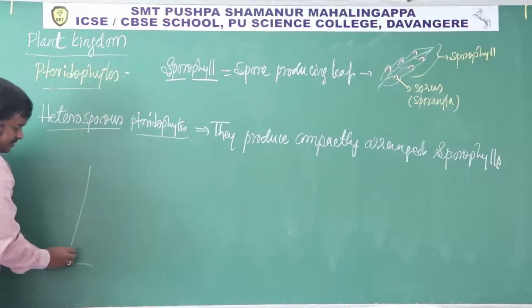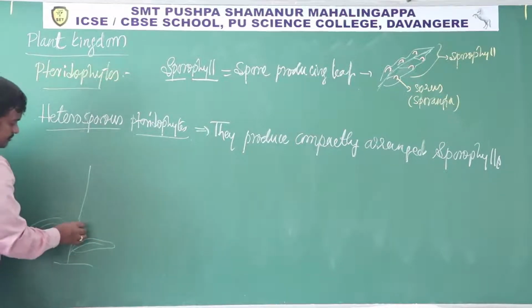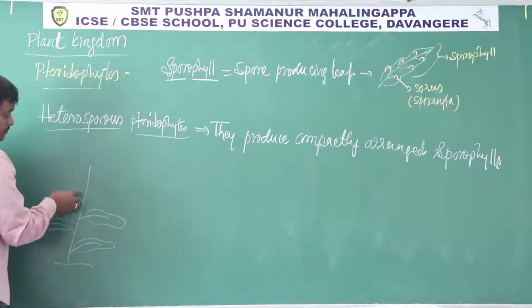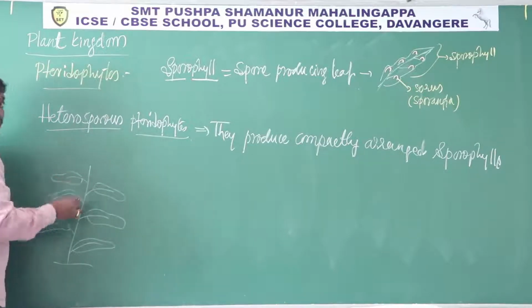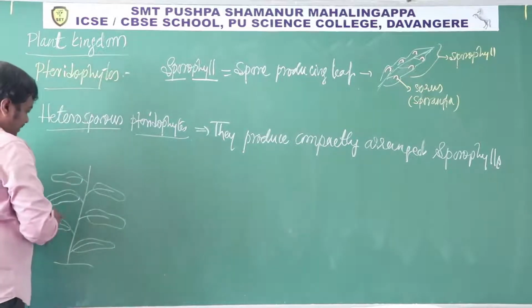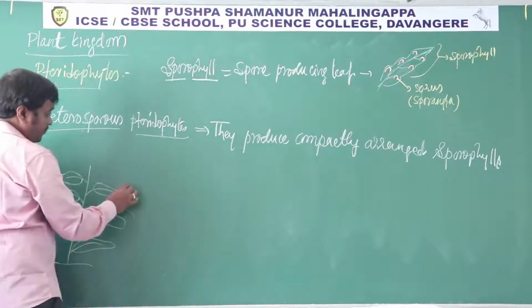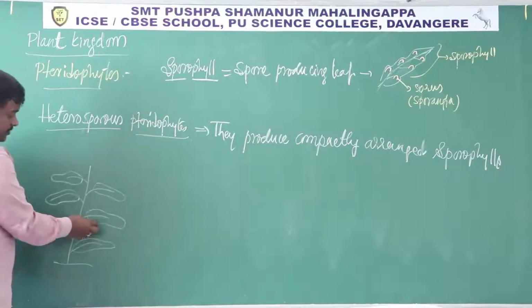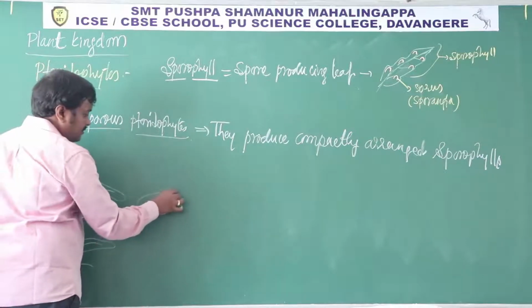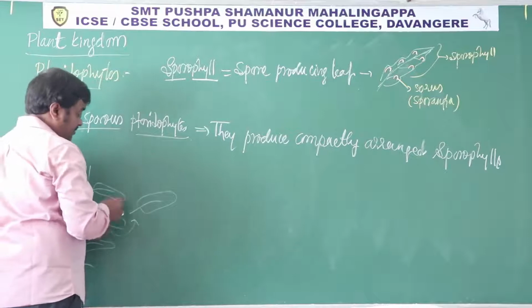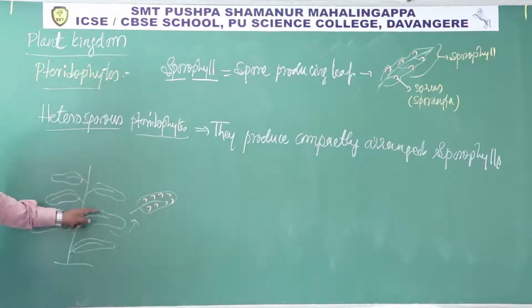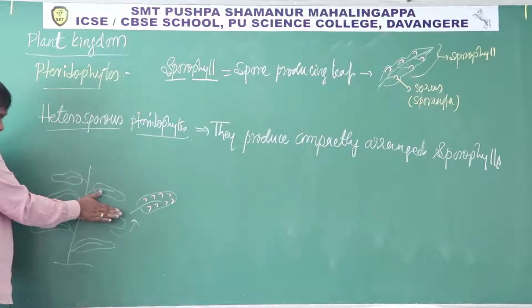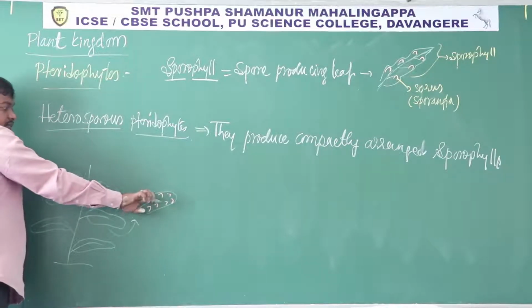If it is a pteridophyte, that pteridophyte produces leaves like this, and each leaf produces spores underneath. Suppose you draw this leaf upside down, under the leaf we can find the sporangia like this. Suppose this is the upper surface view; in the lower surface they have the structure like this.